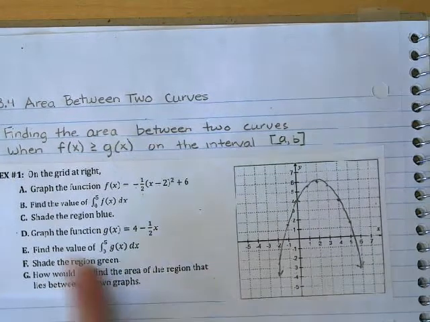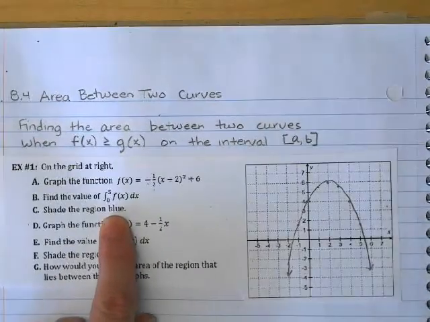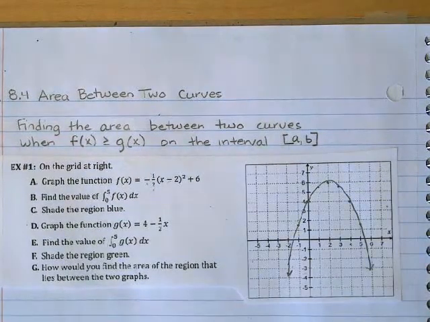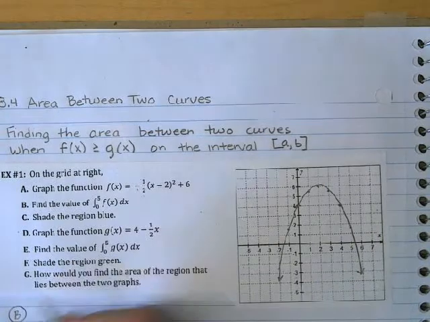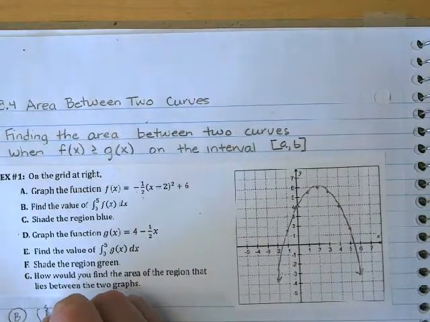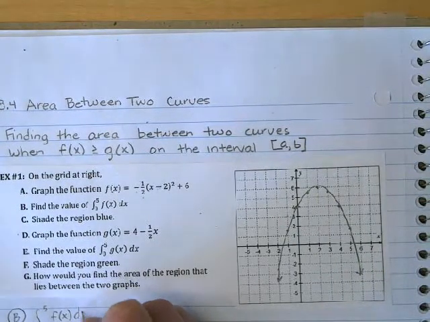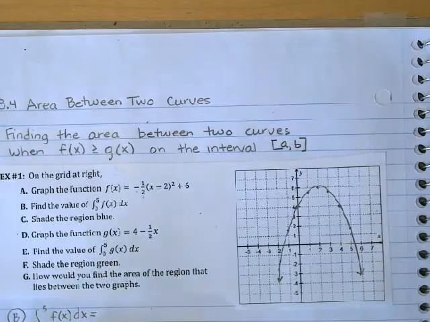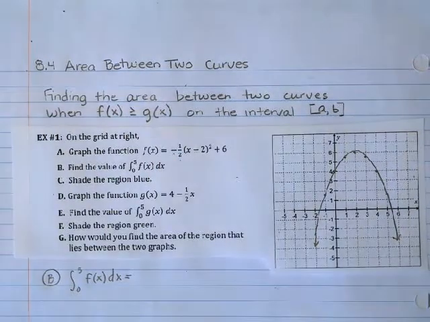Okay. Now find the value. So they want the area under the curve from 0 to 5. So let's say 0 to 5 of f of x. And I can just write f of x right there since f of x is written right up here.